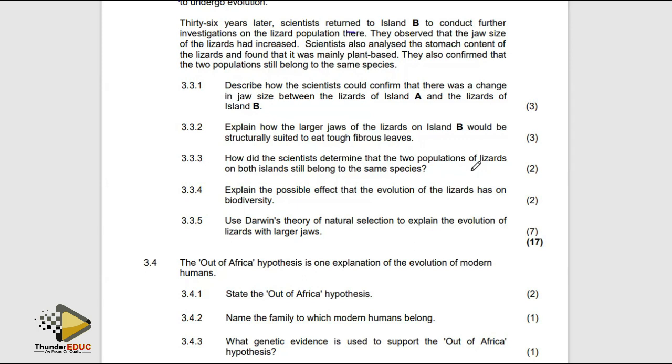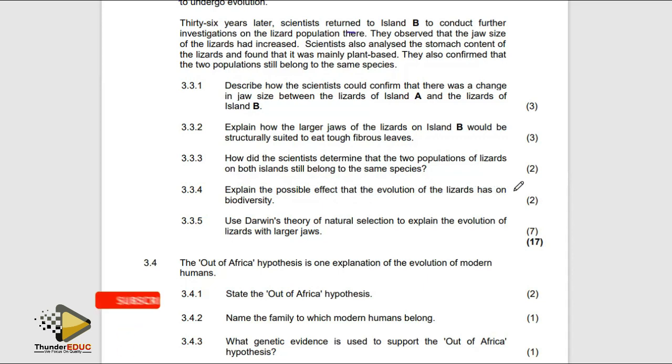So if they allow the two populations to interbreed and they produce fertile offspring, then they can confirm that these are still the same species. But if they cannot interbreed to produce fertile offspring, then automatically they are not the same species.